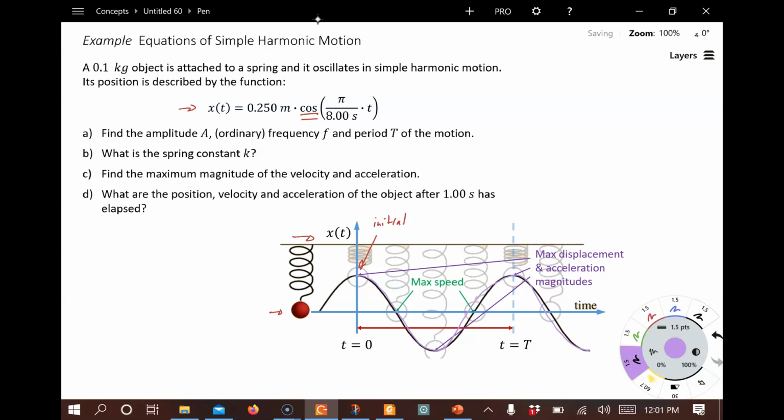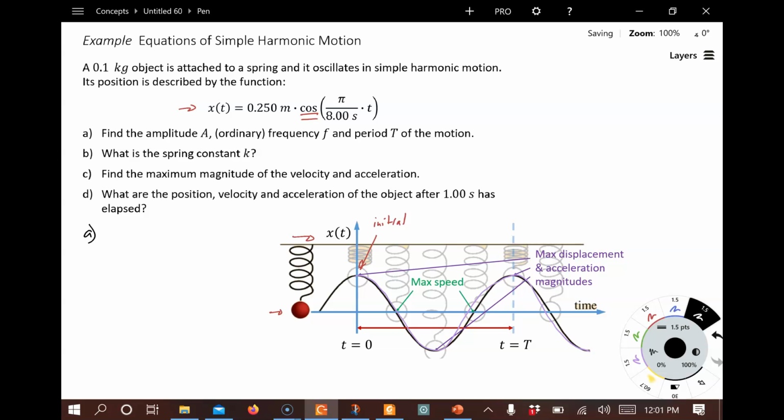All right, so for part A, we're going to calculate the amplitude of the oscillation, the ordinary frequency f, and the period T of the motion. We're going to do that by inspection of the equation. For solving part A, let the graph help us figure out a few things.